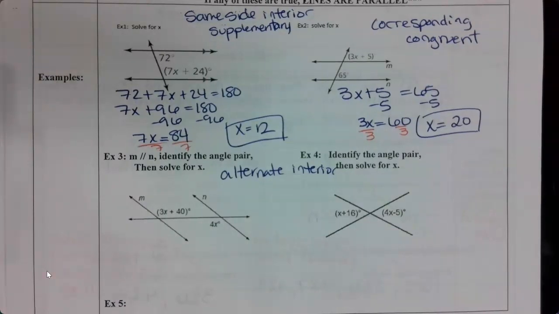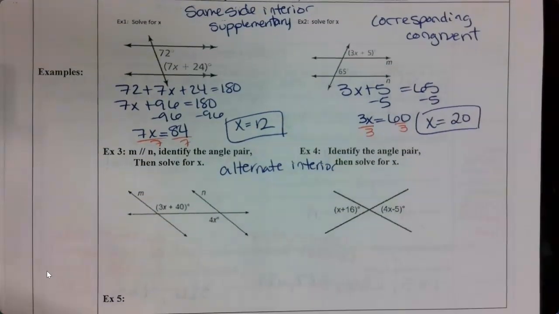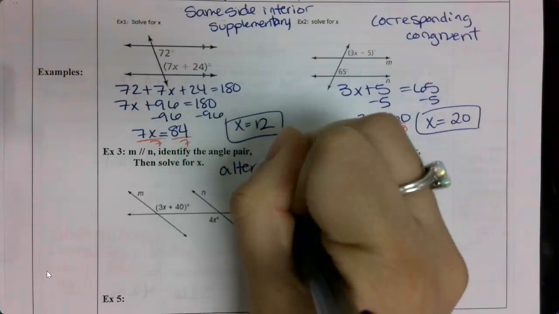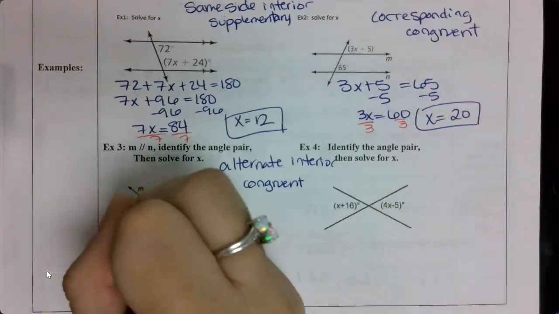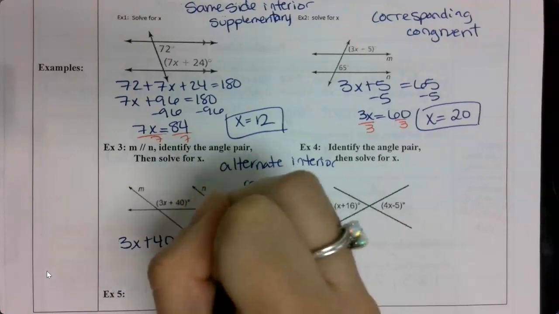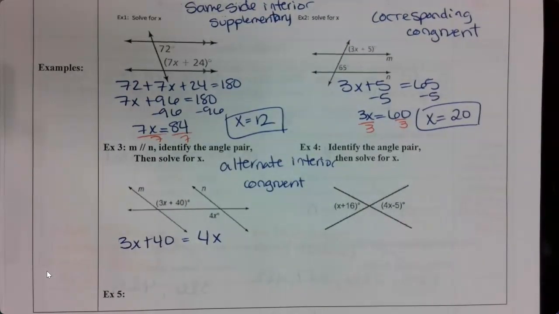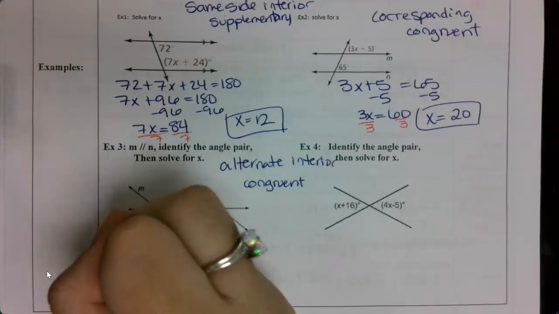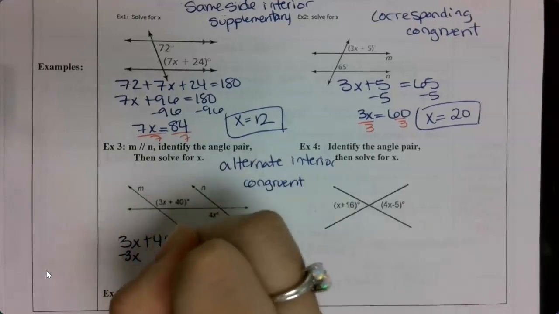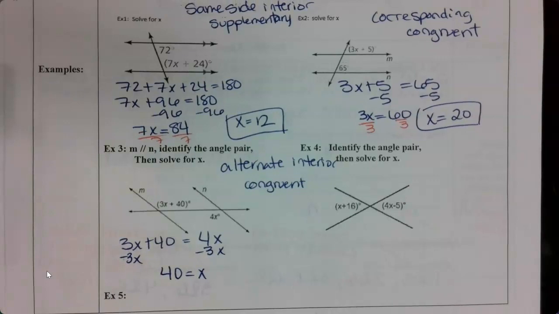These kinds of angles, are they congruent or supplementary? Congruent. So I set these two equal to each other. I have 3x plus 40 equals 4x. And then my first step is to subtract 3x on both sides. So I have 40 equals x. Do I need to do anything else for this one? No, I'm good. I have my answer.